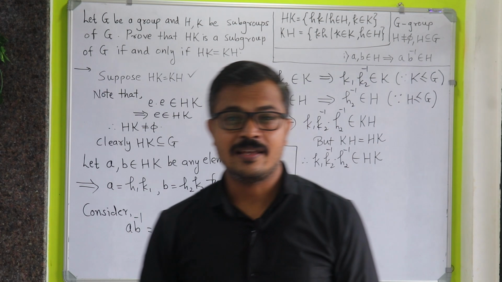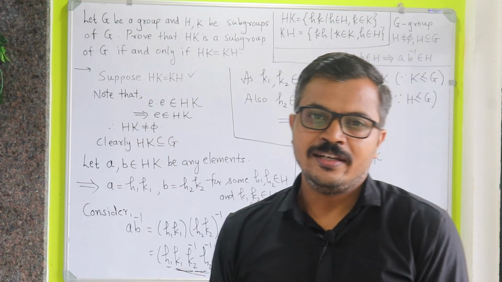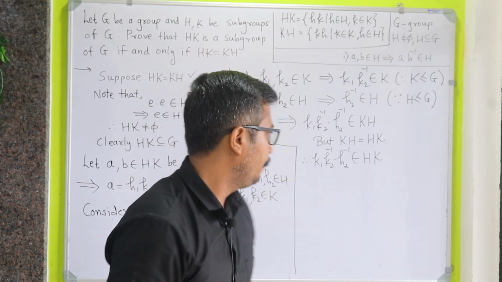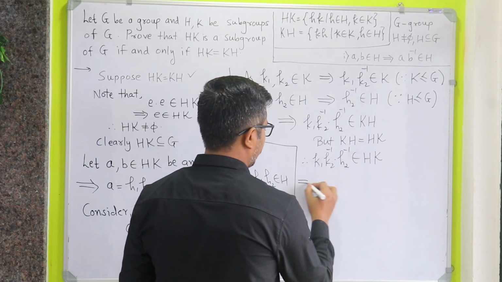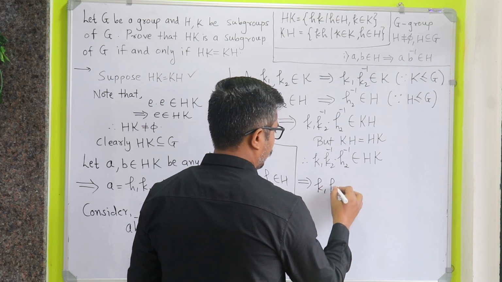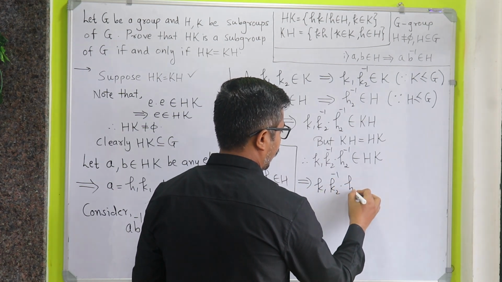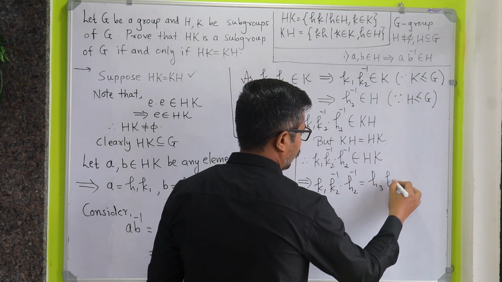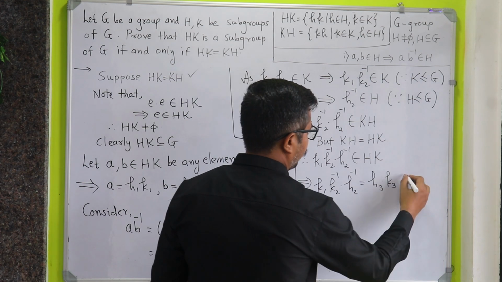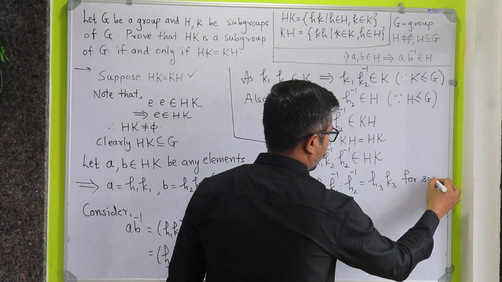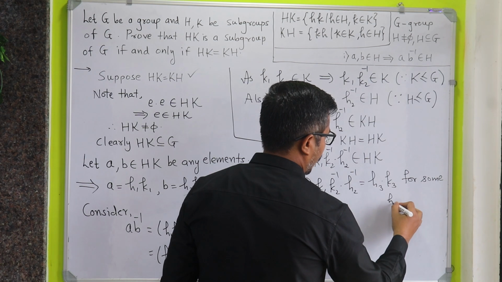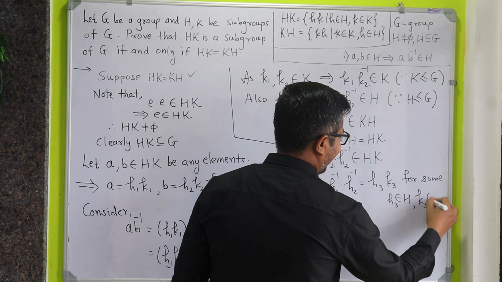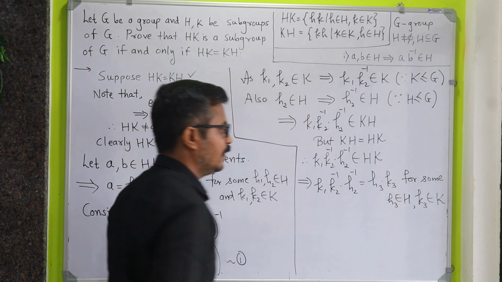Now since it is an element of HK, we can write it as a product of an element of H and an element of K. So I will call the element of H as H3 and the element of K as K3.